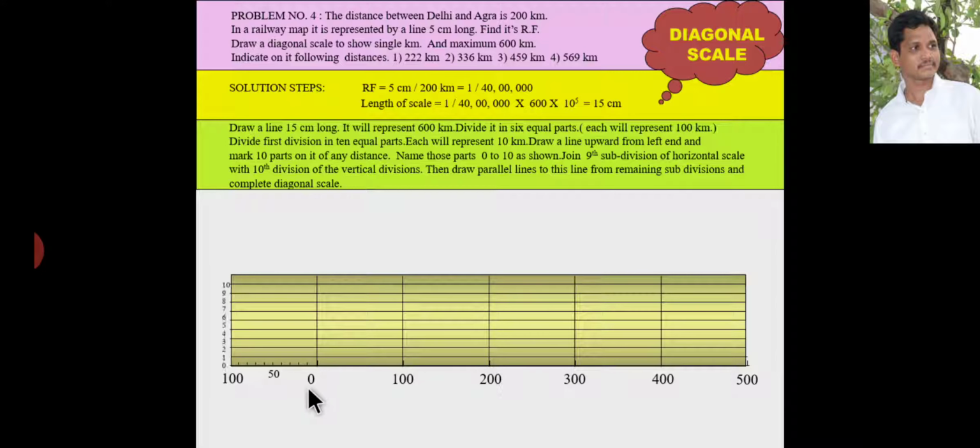Now join diagonal lines like this. Join this 9th division to the 10th division, like this. Draw lines parallel to this first line.